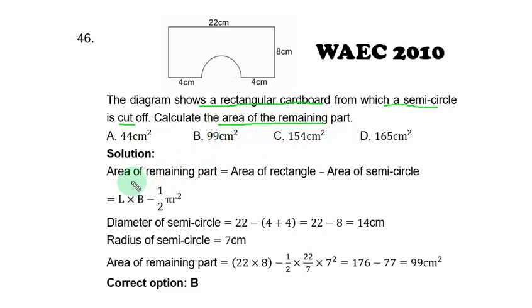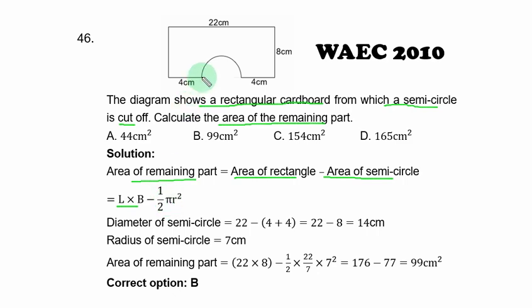Solution. Area of remaining part is equal to area of rectangle minus area of semicircle, that is length times breadth minus 1/2 times pi r squared.